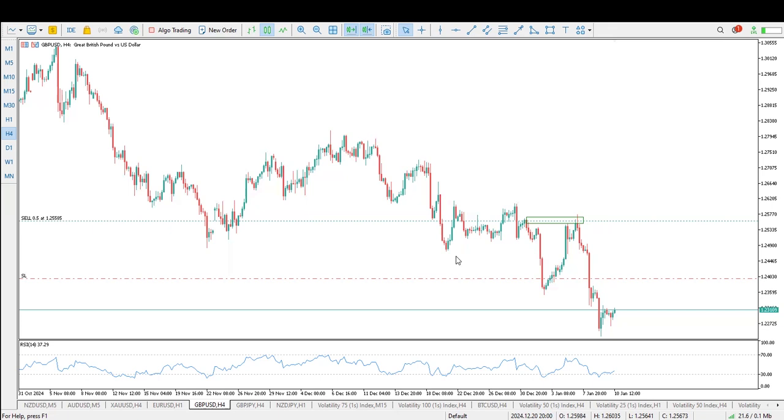Now, for you to be very accurate in your analysis, you should be focused on your last break of structure on your H4 time frame. This is my last break of structure on the H4 time frame.